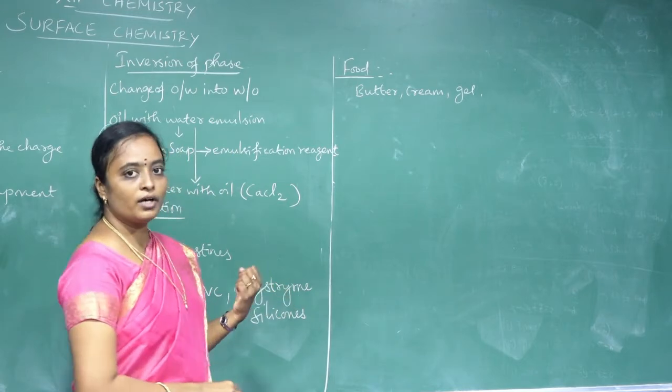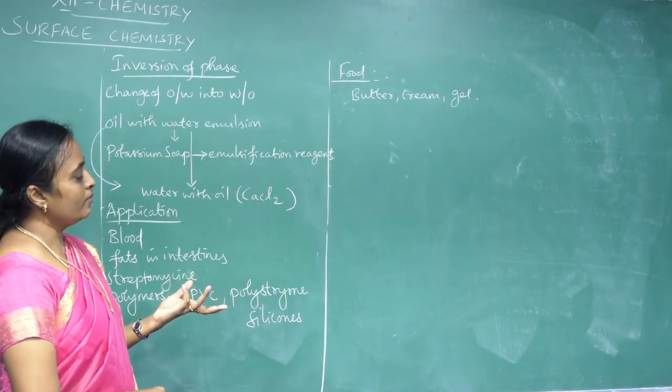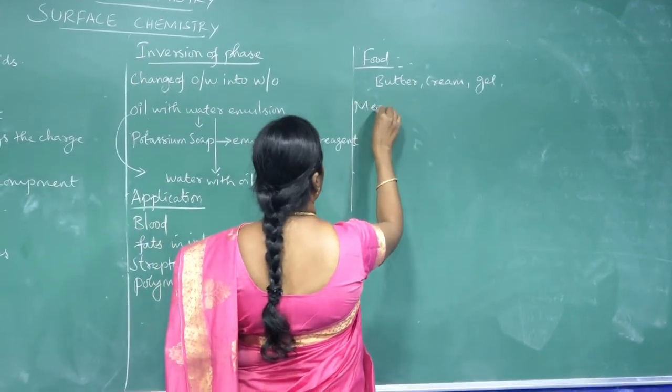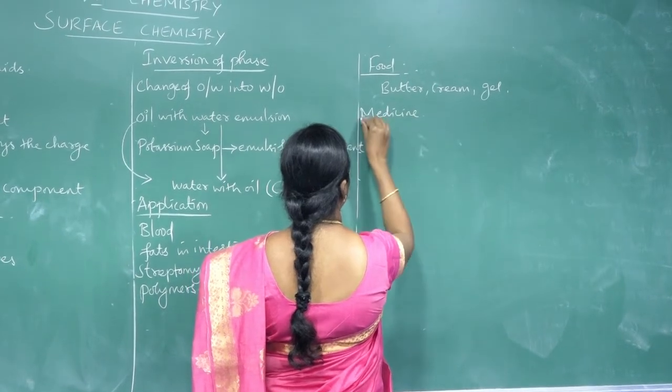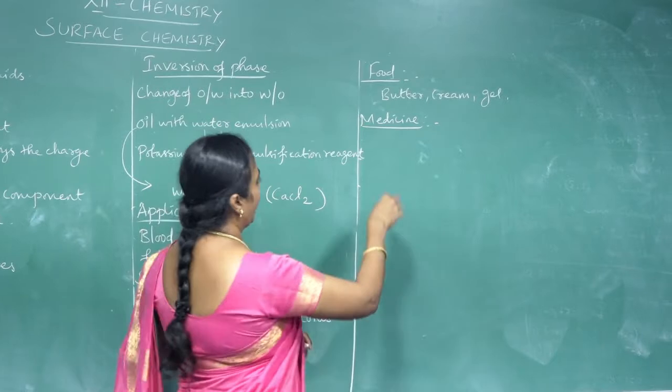These are the food materials we consume. And in the same way, how is it used in medicine? At the medicine level, how is the colloidal form used for medicinal purposes? For example, antibodies.